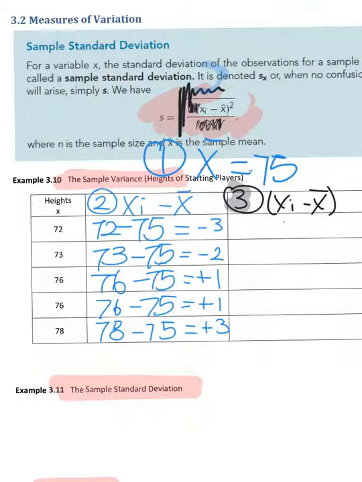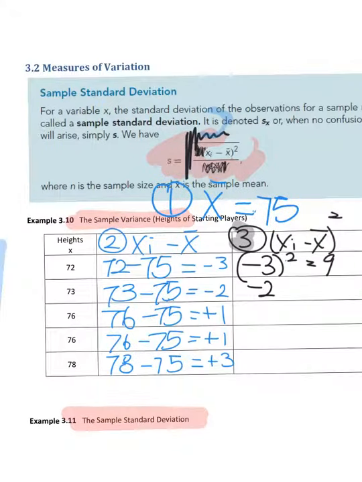Now, take the square. Remember, when we take the square, every single value will be positive. So negative 3 squared, how much? 9, thank you. Negative 2 squared? 4.